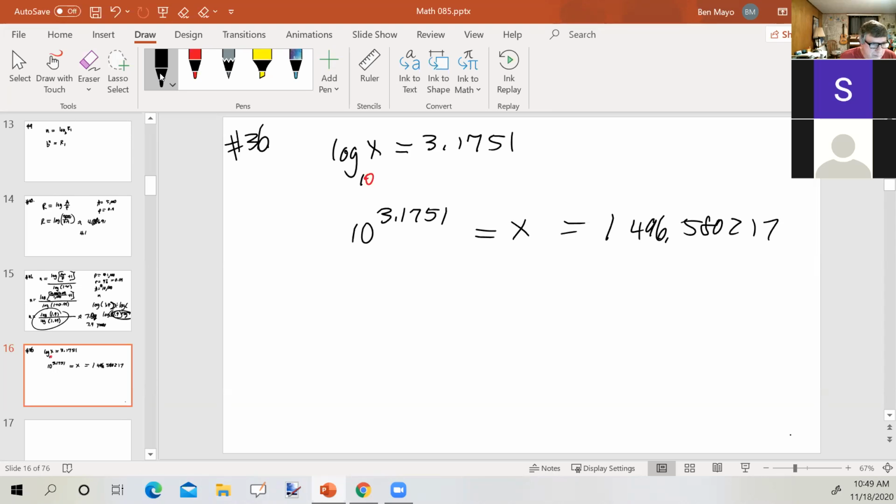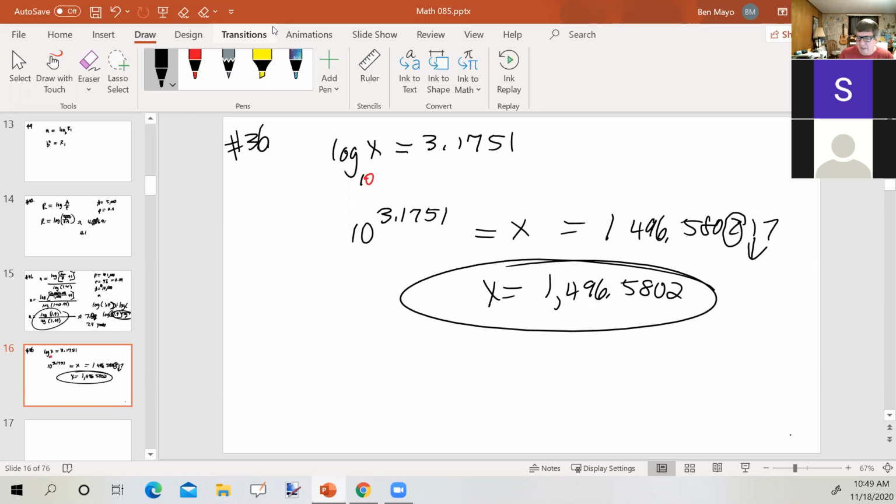Now, rounding to the 4 decimal places, that would be right there. The 1 would round down, so we'd get 1496.5802 as our answer. Any questions about that problem?